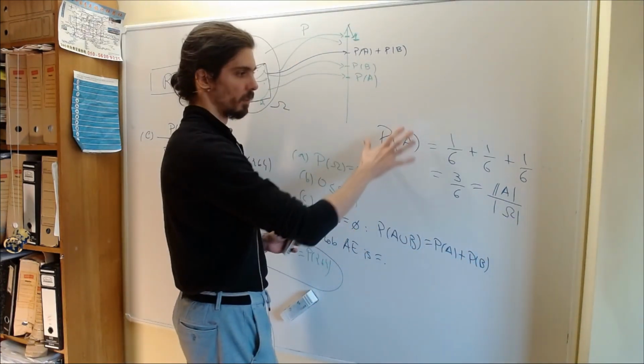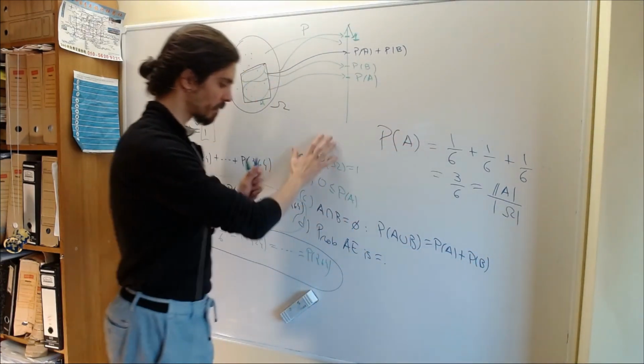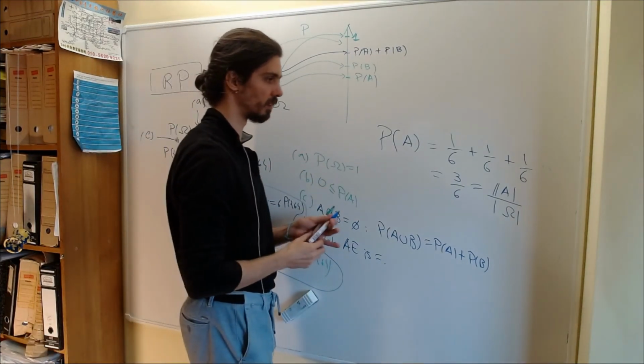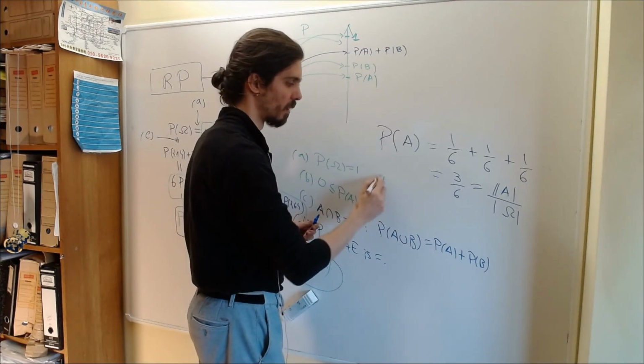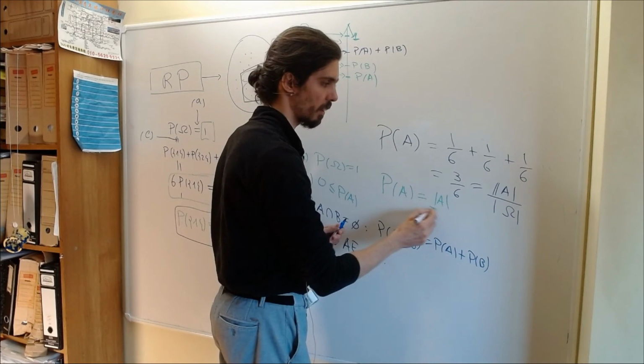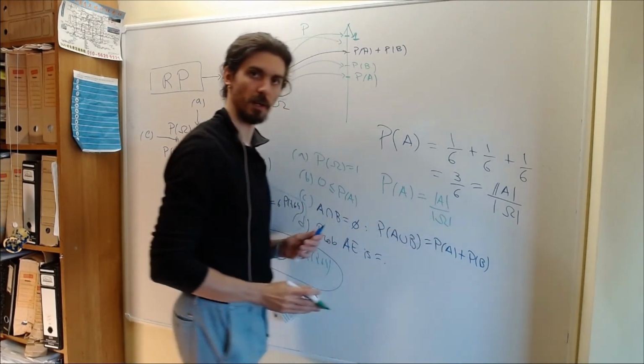Okay? Once again, under the subjective interpretation, which has 4 rules, you just conclude this extremely important formula. The probability of A is the size of A divided by the size of omega. Okay?